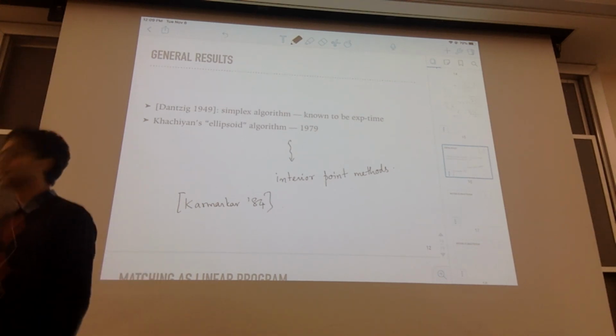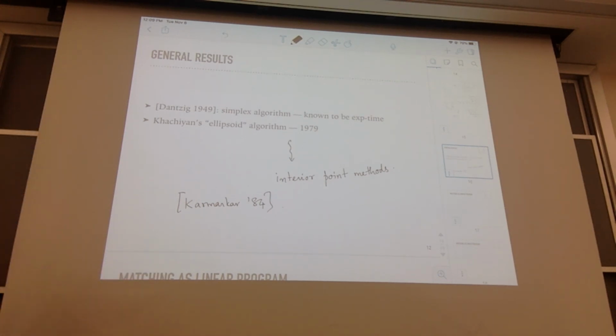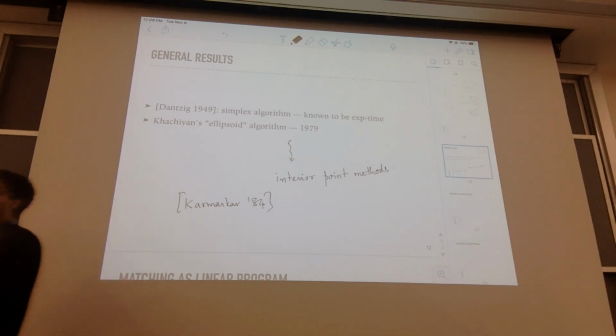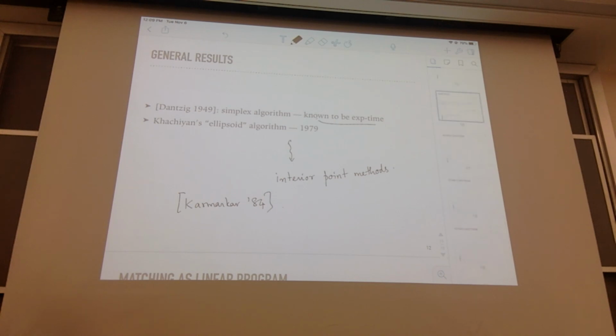This was patented by Bell Labs for a long time. That's a long story. Anyway, what we saw is called the simplex algorithm, and it's nice because it tells you about the geometry of how these objects look. These other algorithms are a bit more intricate, but they are both polynomial time. Okay, let's stop there.